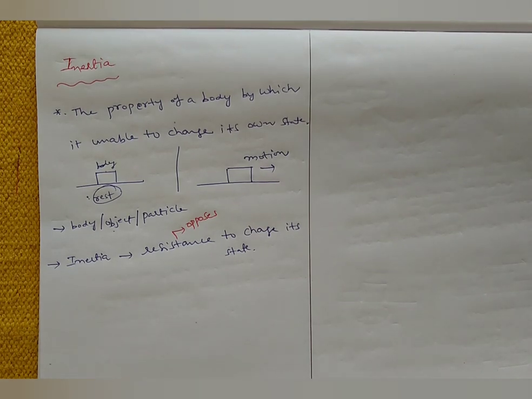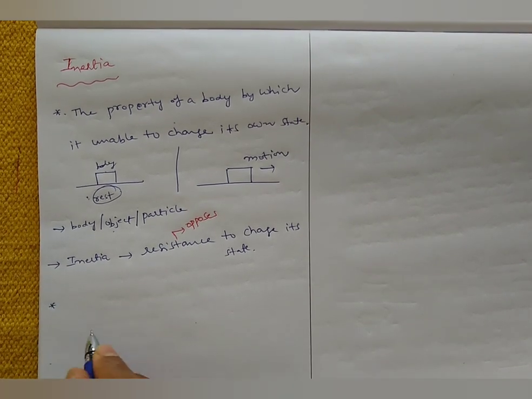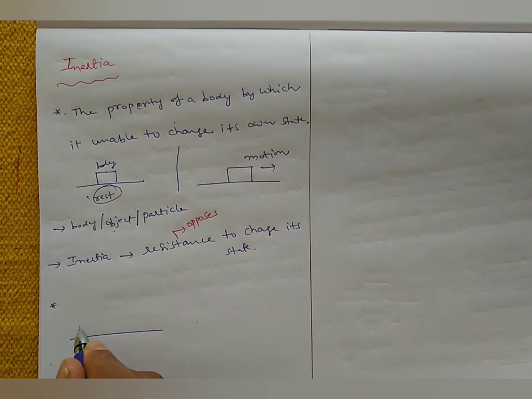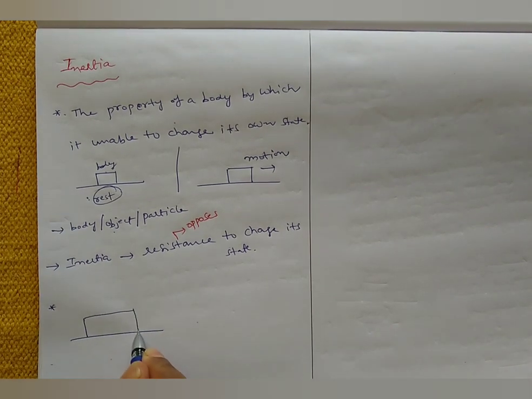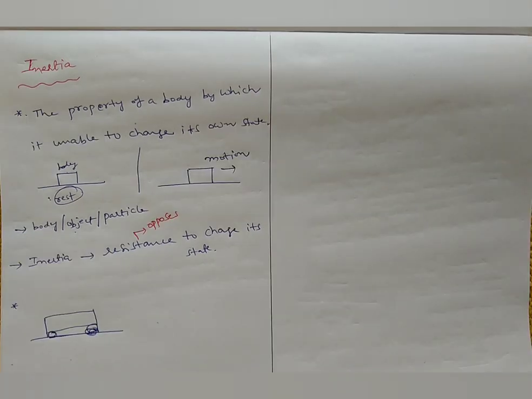Examples for the first law of motion. Suppose a passenger is traveling in a bus. So this is the bus.